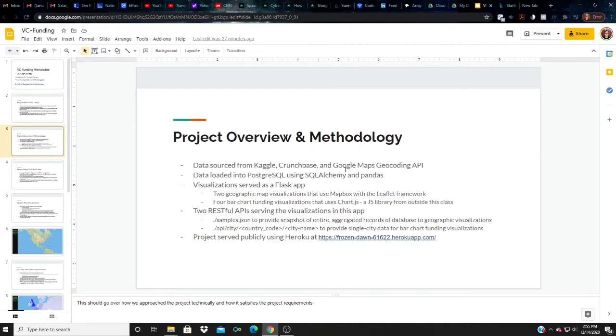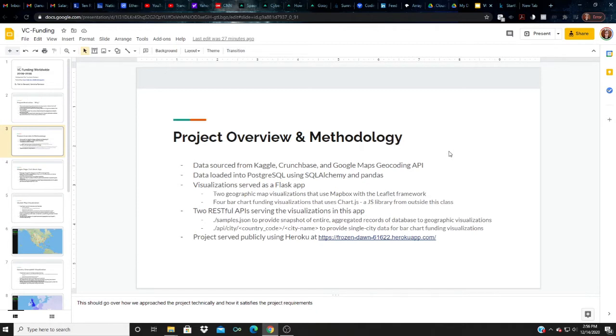Anyway, we also had to use the Google Maps geocoding API to get the latitude and longitude of the different cities throughout the world, because we were given information for cities, states, and countries, but not necessarily their latitude and longitude.